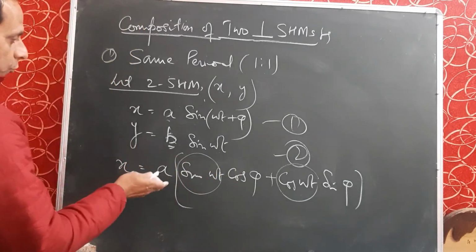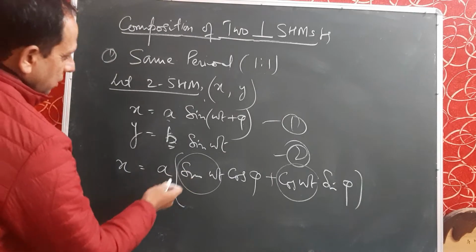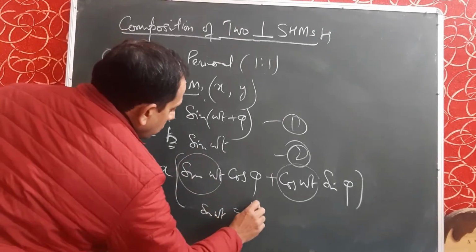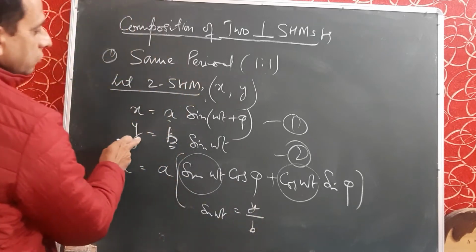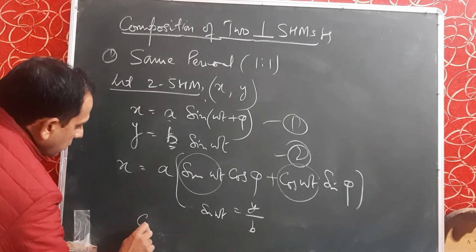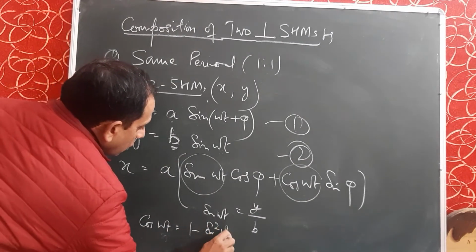So, before putting these values, we will prepare these terms: sin omega t is equal to y upon b from the second equation, and this cos omega t is equal to under root 1 minus sin square omega t.